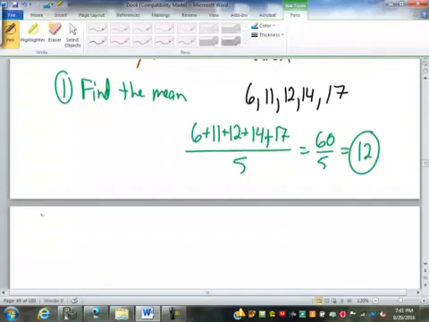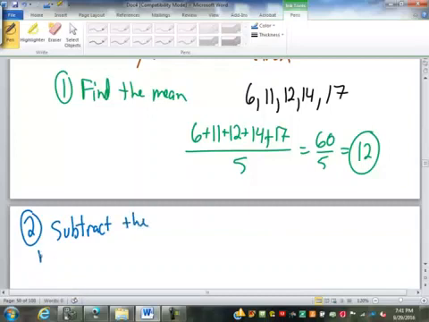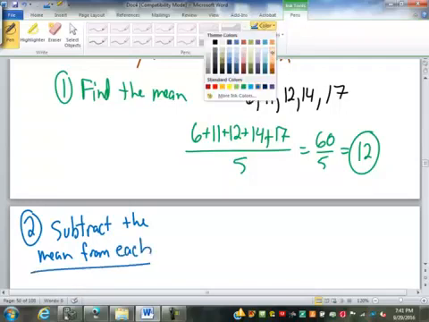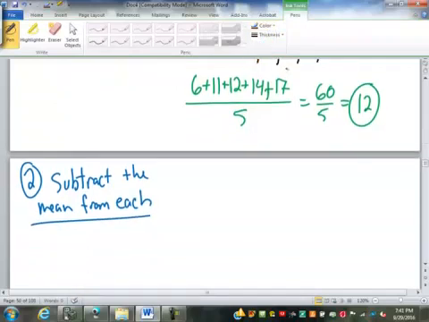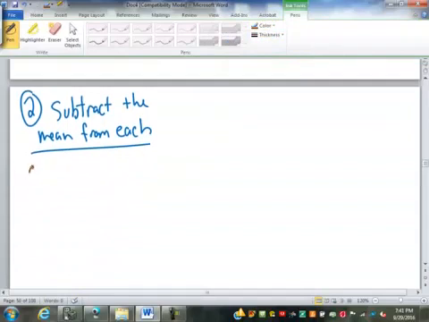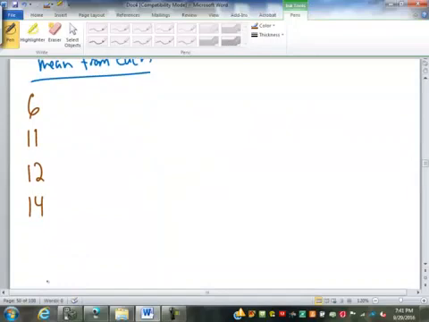Step 2, subtract the mean from each number. So we've got 6, 11, 12, 14, and 17.